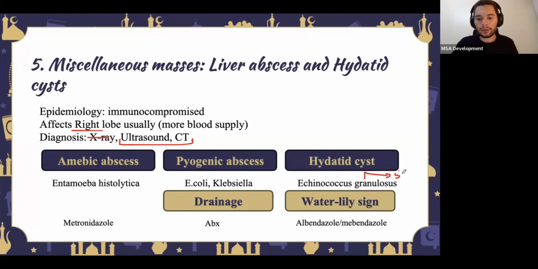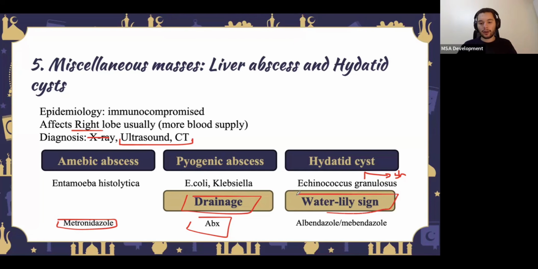Okay. Right. Now, when it comes to the management for pyogenic abscesses, you typically drain and give antibiotics. You do not drain amoebic abscesses. You typically start them on metronidazole, and it should resolve on its own. For hydatid cyst, water lily sign is a radiographic sign, and it is characteristic of hydatid cyst.